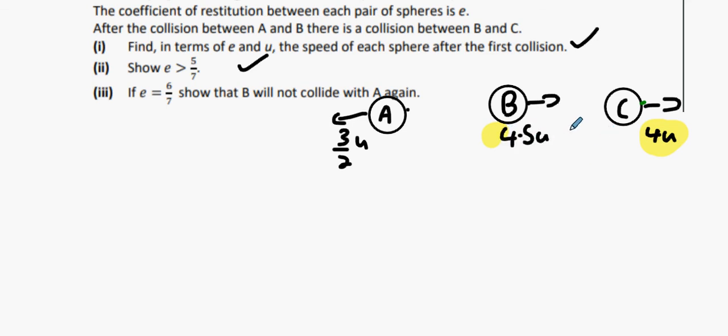So it's obvious that B will catch C, but what happens after B and C collide is what we're trying to zone in on.